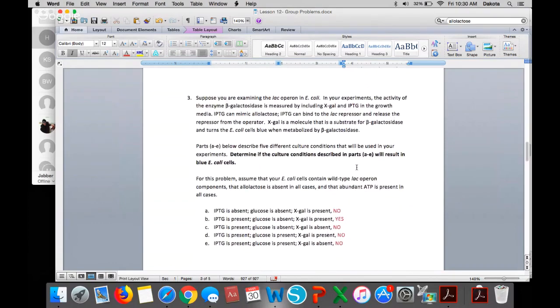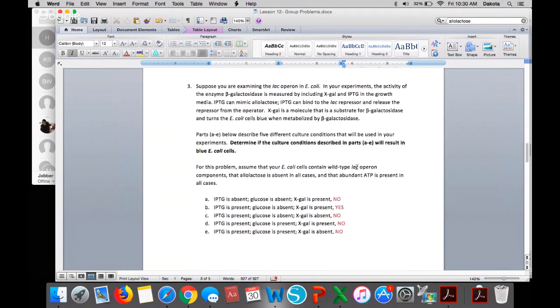For number 3, we went through and just figured out how to decide if the beta-galactosidase was going to be part of the... where's it at?